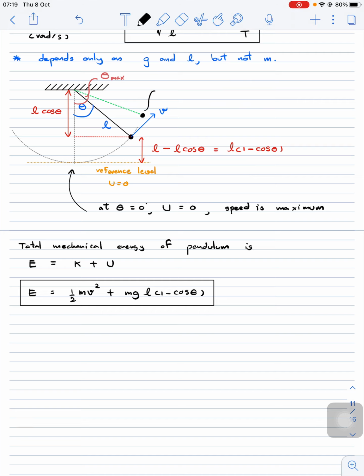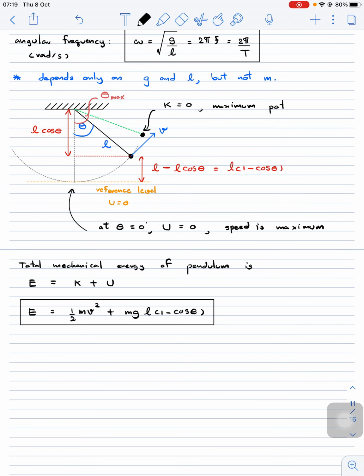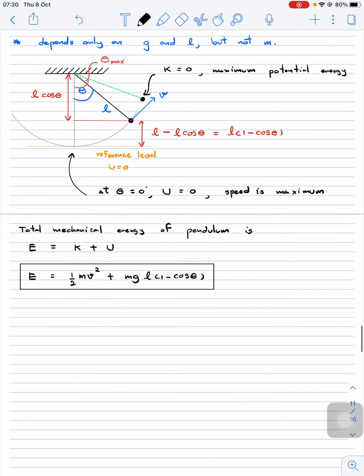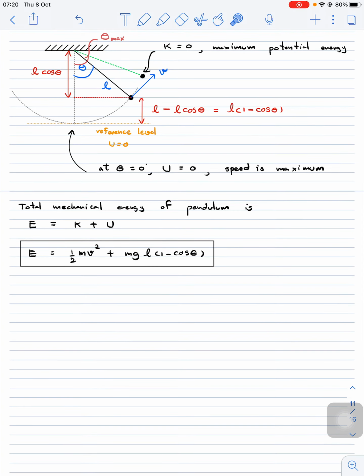Then again, at this position, the kinetic energy must be equal to 0, because the bulb will stop momentarily and then it will just fall back down again. So at this position, K must be equal to 0, and we're going to have the maximum potential energy in this case. Now we can compute the maximum potential energy, which is going to be equal to the total mechanical energy, right?